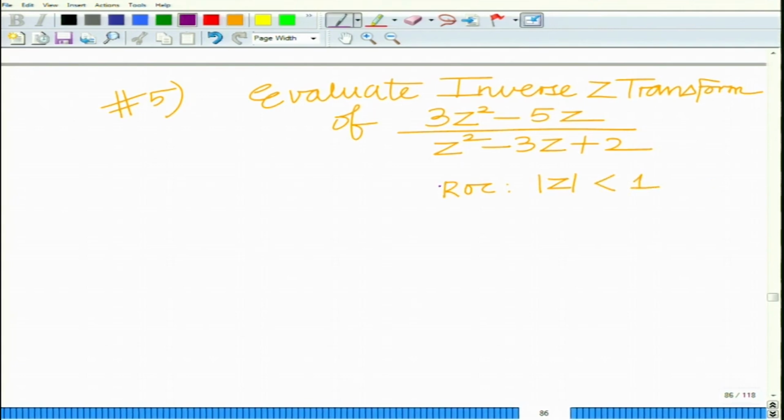What this means is that this is a left handed signal. From the ROC you can see that this is a left sided sequence, or a left handed sequence.